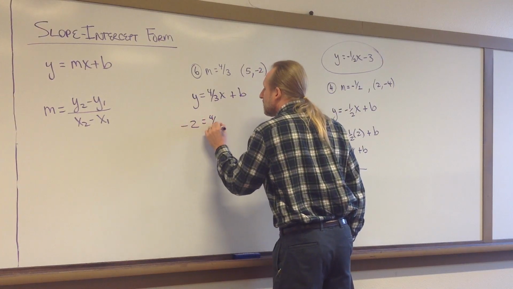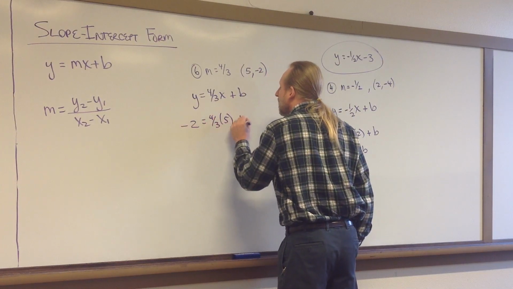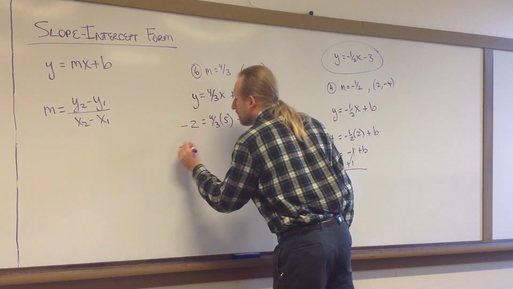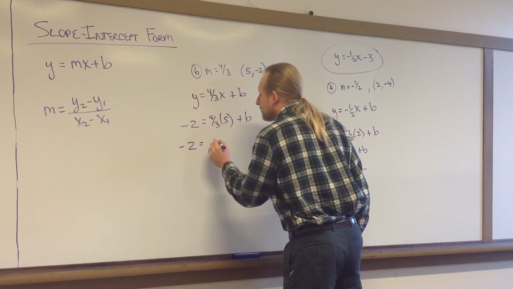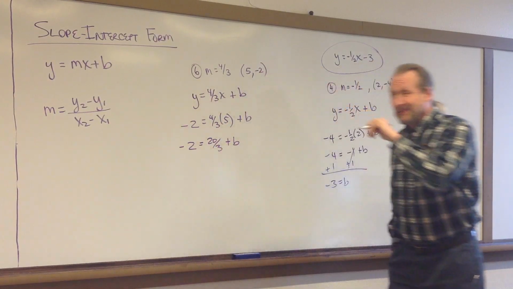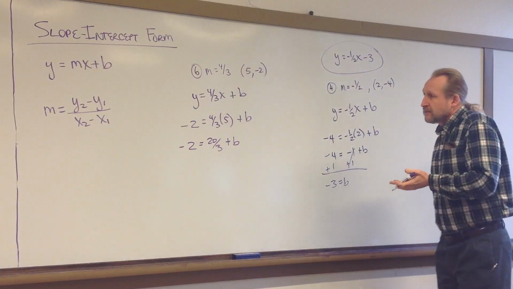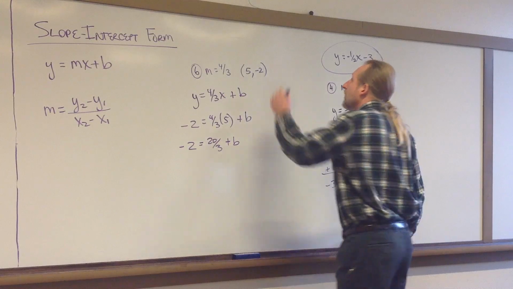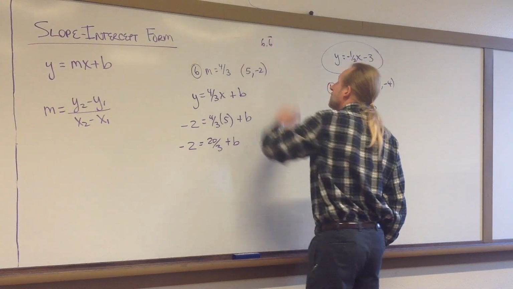Plug in the -2 for the y and the 5 for the x. So let's see here, -2, and this is going to be 20/3. So if you are a decimals person, you know, this is going to be 6 2/3, or, you know, 6.6 repeating.